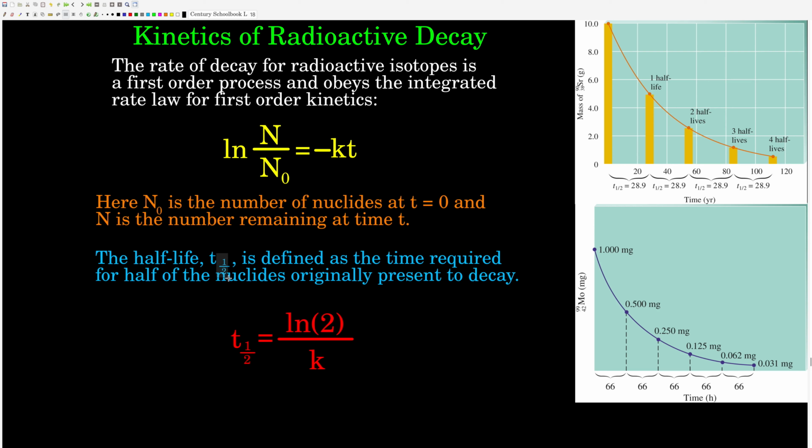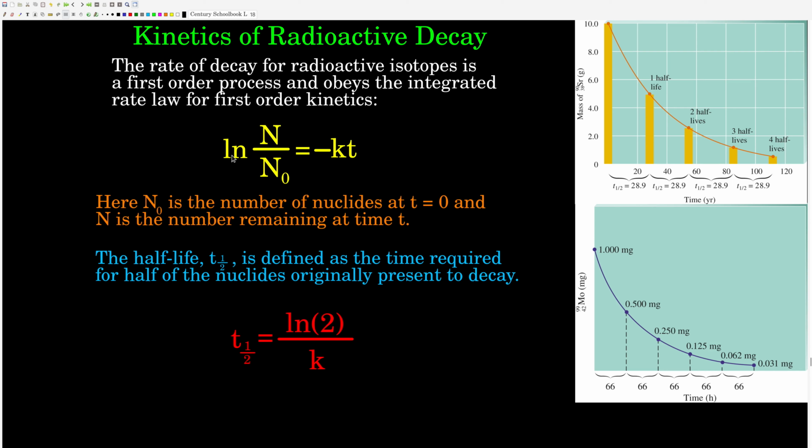Also, we have half-life, just like we saw back in kinetics. Half-life is defined as the time required for half the nuclides originally present to decay. The way we get the half-life is we say N is equal to 1/2 N0.